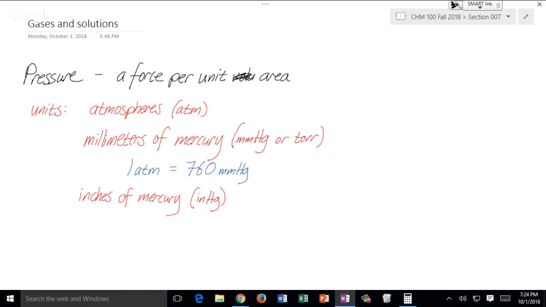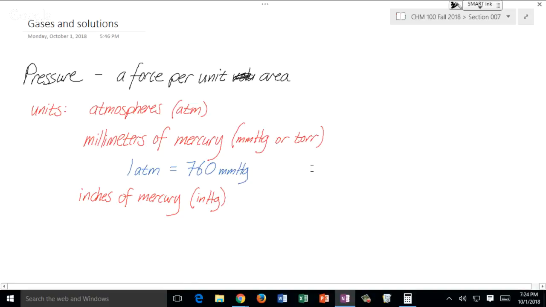Like if you look up on the Weather Channel, what's the atmospheric pressure, and it's like 28 or 29 or something. And you can tell kind of what's going on by how much rain is expected or predicted based on the pressure. That's usually in inches of mercury. So same idea, forcing the mercury up the tube, but in inches instead of millimeters.